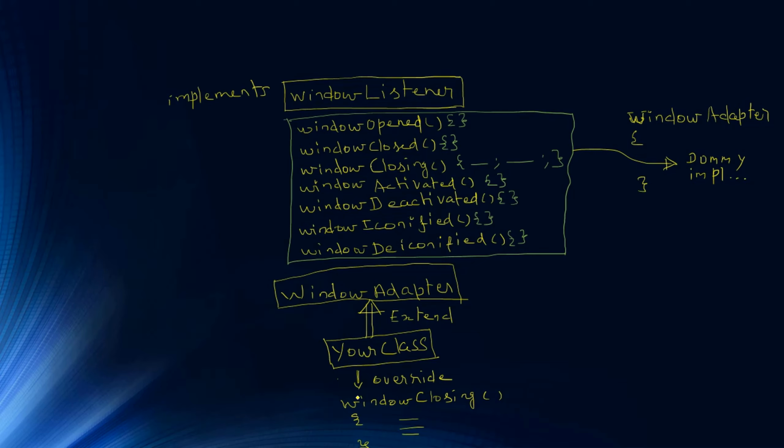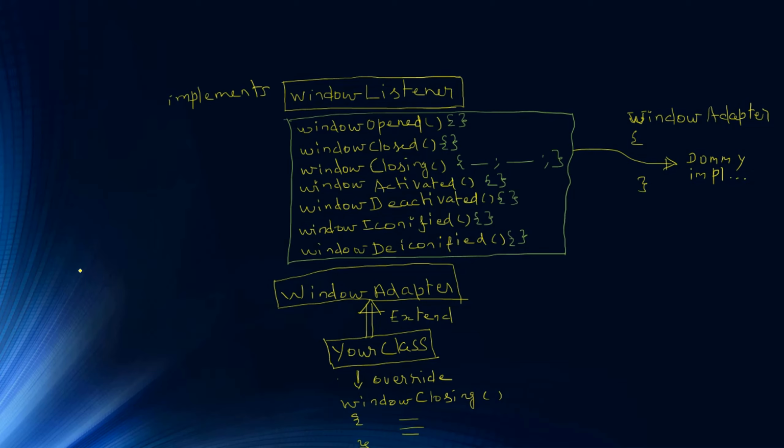So in our class we can override the dummy implementation in the base class, thereby providing the overridden version. So here in the overridden version, the dummy will do nothing, window closing. Here we can put a statement dispose. That means it will close the window.